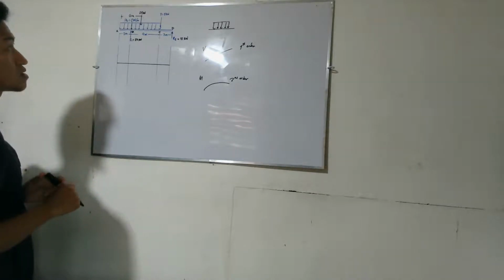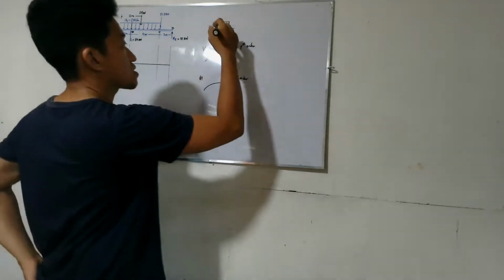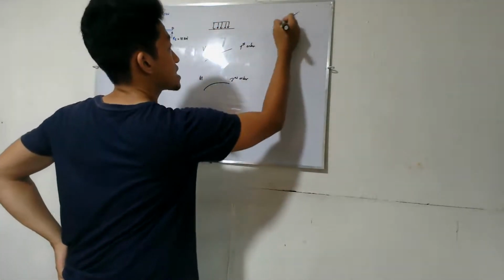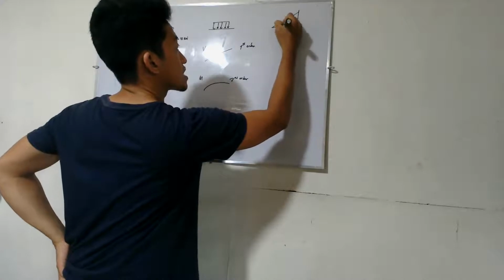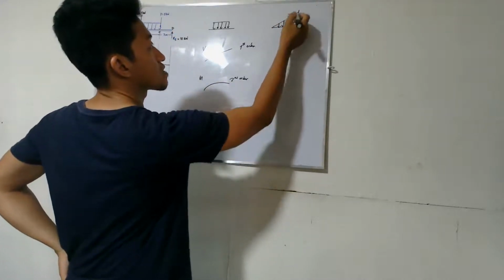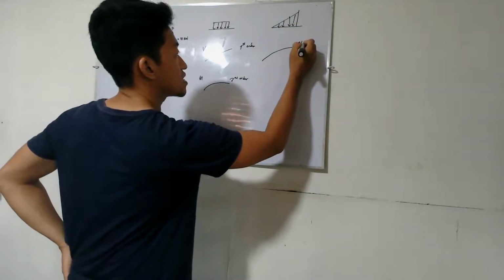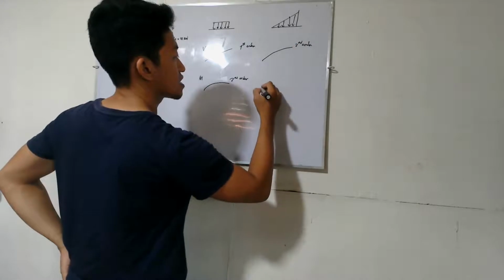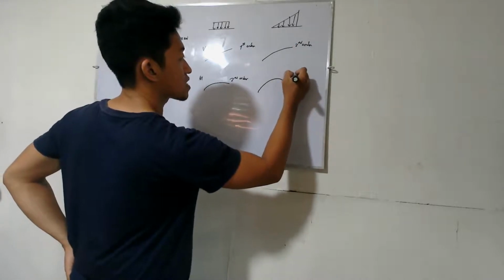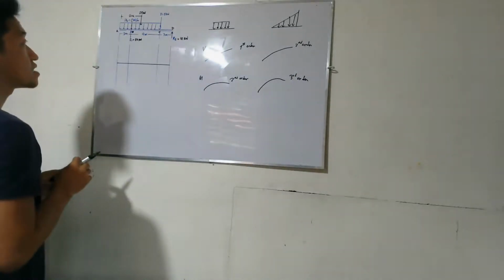Unetiman ninyo. Okay? So, in the event nga triangle na diri, triangle loading na diha, first order naman na, so mahimo na dinig second order na ni diri. Mahimo na po ning third order. So, niya na mahitabo na.